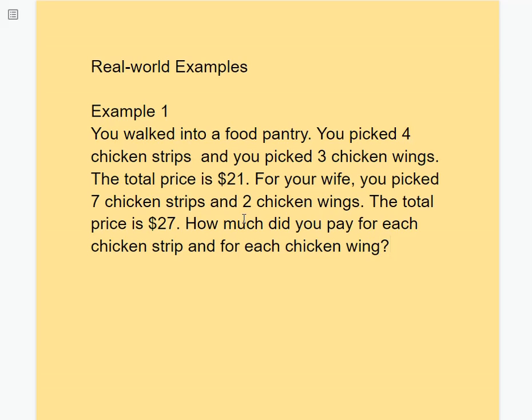I'm sorry, we have to get our English right. That's what we're trying to determine, right? So that's what we're going to look for: how much did you pay for an individual chicken strip and an individual chicken wing?